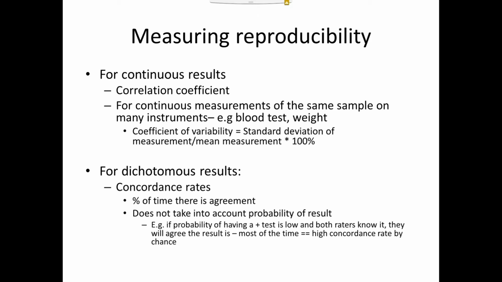For dichotomous results, yes/no results, then we look at concordance rates. So how often is there an agreement?